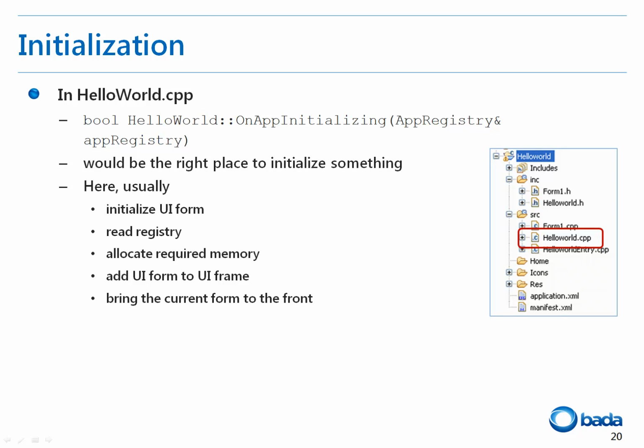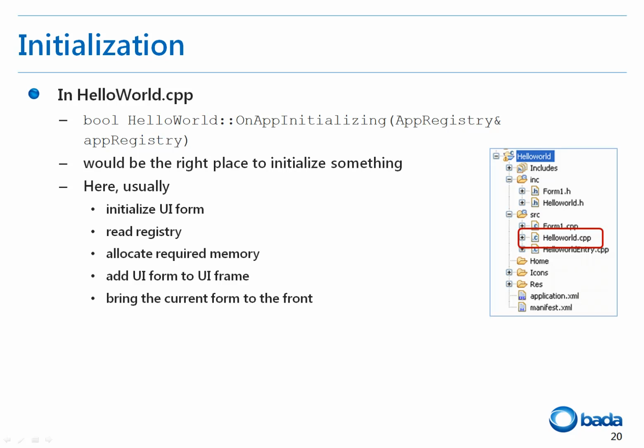You'll find the default implementation of the OnAppInitializing method in the HelloWorld.cpp file, which contains the implementation of your base class. This method will be the correct place to initialize something in your application, so you can start implementing the code accordingly.